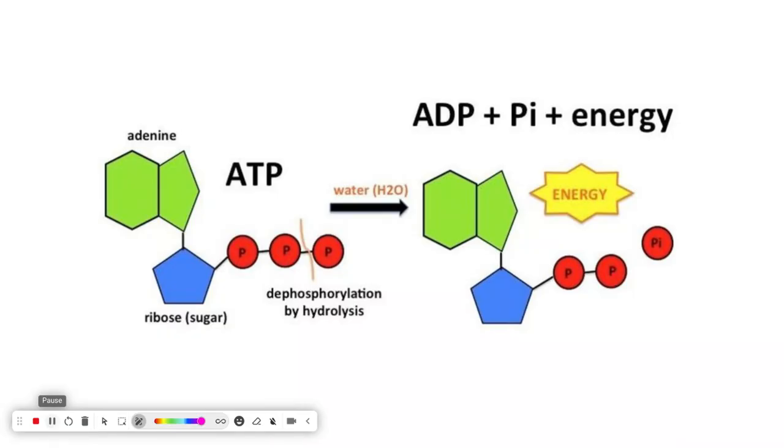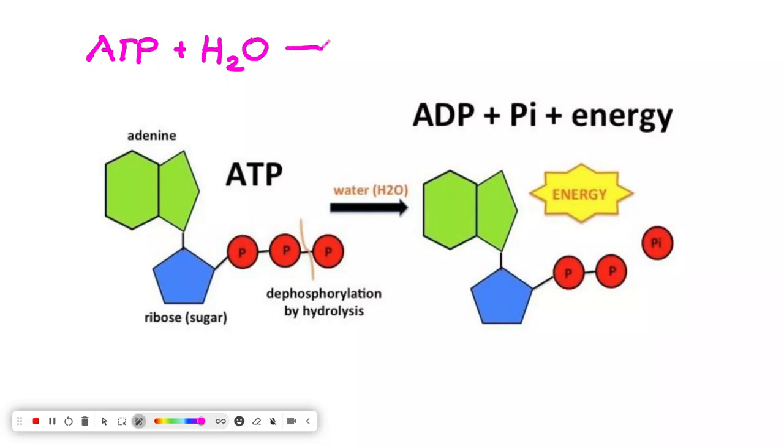So we look at hydrolysis, and the hydrolysis reaction of ATP, we can sum it up this way. We have ATP, which you can see in the picture, plus H2O, dihydrogen monoxide, water.